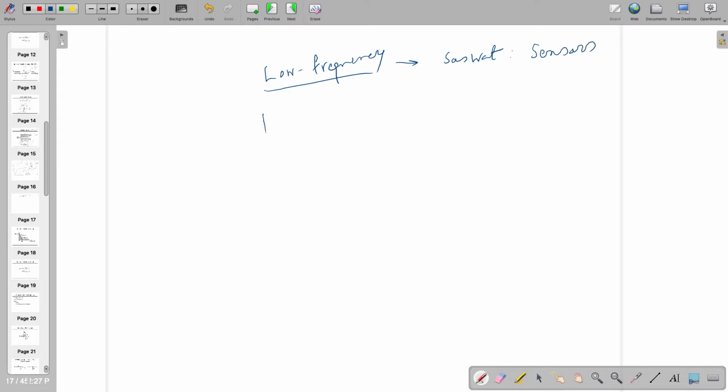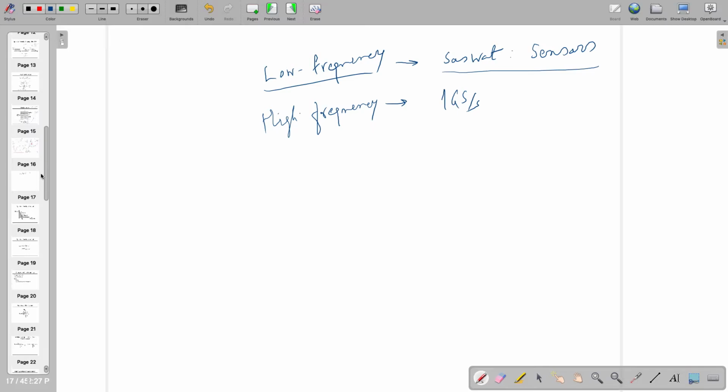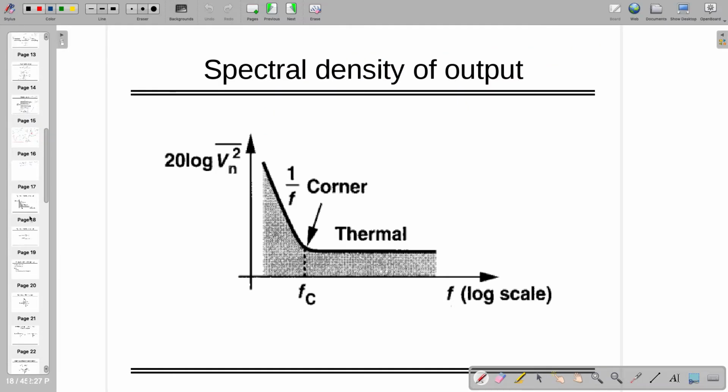And high frequency as high as, maybe Dinesh is okay, as high as 1 GSPS. Right? So this is going to bother me when the frequency spectrum density will look like that way. So thermal might be kT times R for a single resistance.